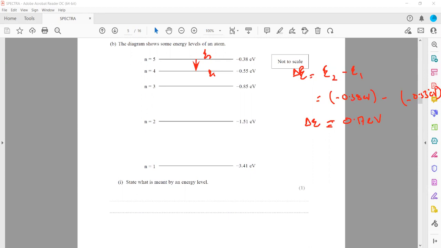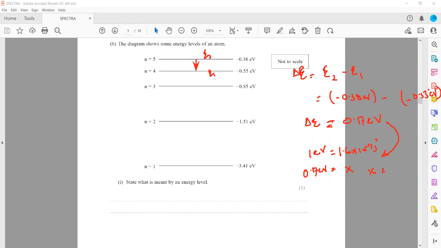So 0.17 electron volt is there, but as I mentioned, whenever you are finding a frequency using E equals hf, the energy should be in joules. So we have to convert into joules by using a ratio. 1 electron volt is 1.6 into 10 to the power minus 19 joule. So if you have 0.17 electron volt, this will be x joules.